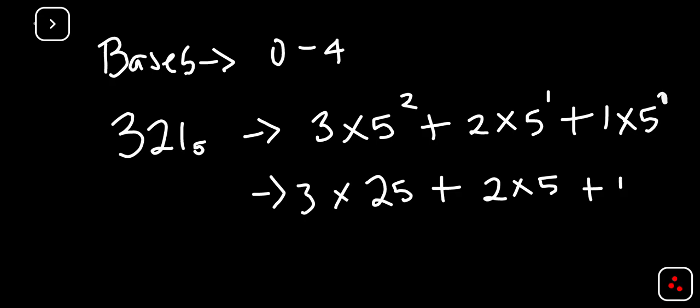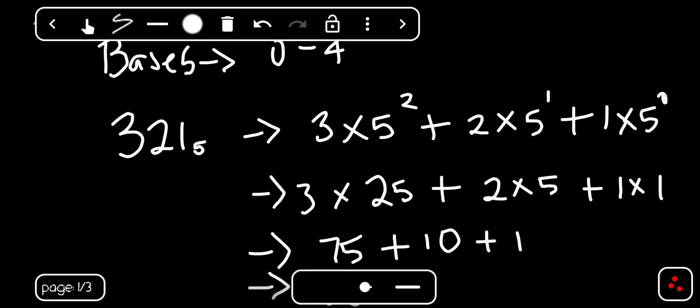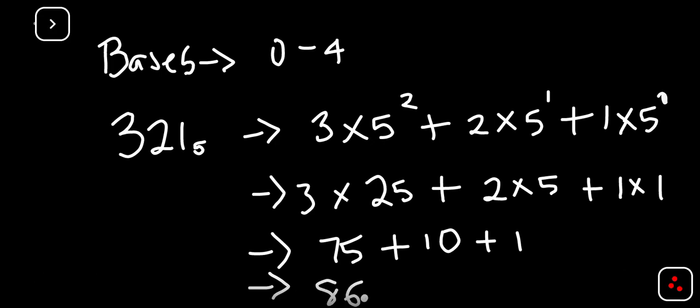And then plus 1 times 1 because 5 raised by 0 is 1. Then we'll have here 75 plus 10 plus 1. And this will give us finally 86 base 10. All right, so this is 86 base 10.